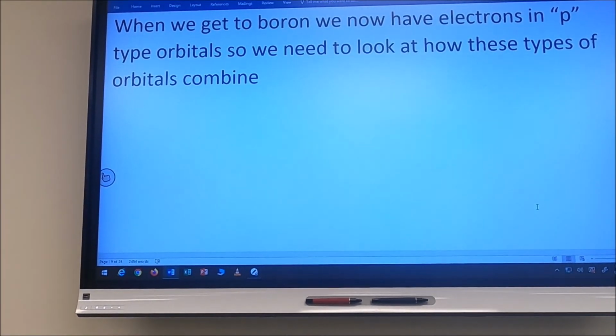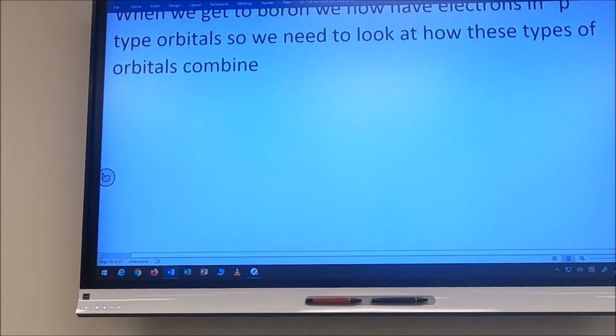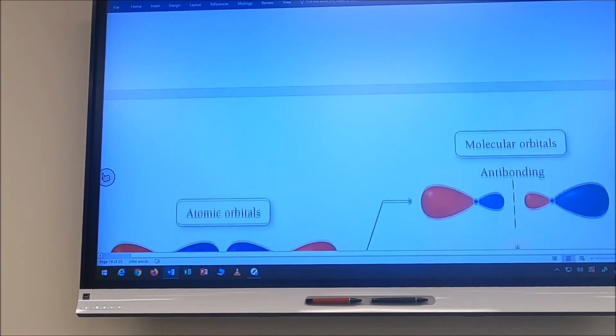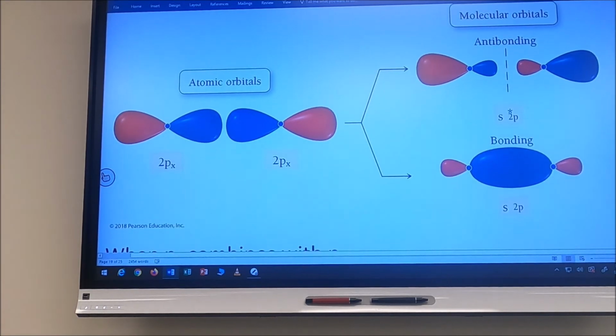All right. So let's go back to the pretty pictures. Now, here's a px and a px. They're coming at each other end to end.